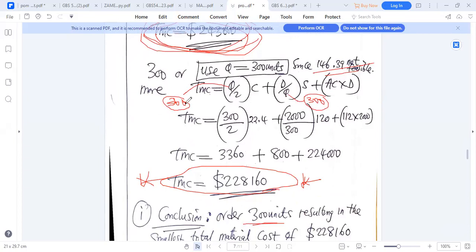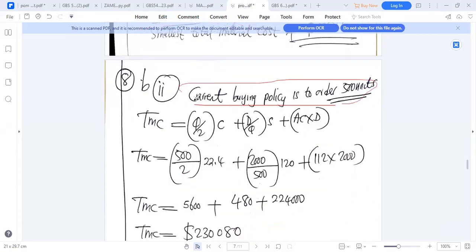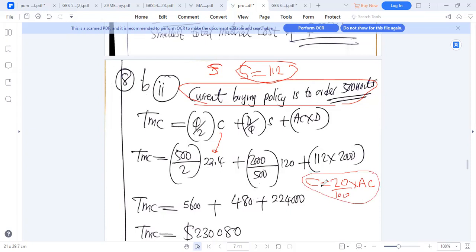Now, the current buying policy is to order 500 units at S equal to 112 kwacha. So from here, we can put our current cost as a percentage of unit price, where C is equal to 20% of 100 multiplied by the acquisition cost per unit.